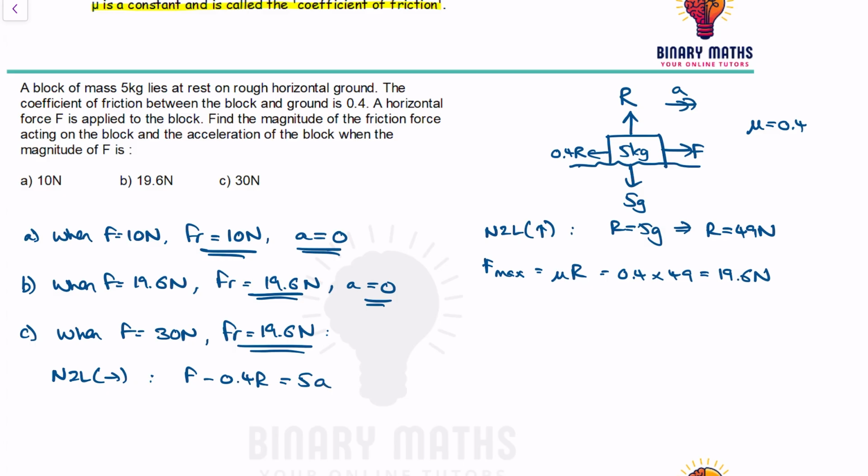Now F is, in this case, 30, minus 0.4 times R, which is 19.6, is equal to 5 times acceleration, which means acceleration will be equal to 30 minus 19.6 divided by 5, which means acceleration is equal to 2.08 meters per second squared.